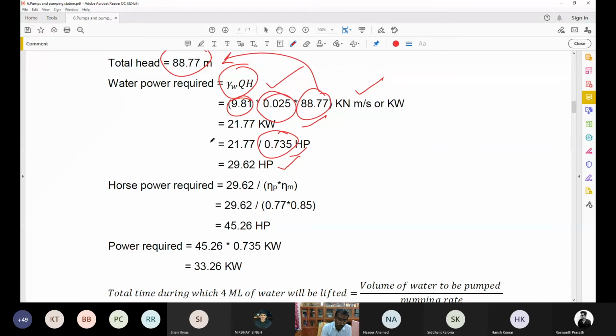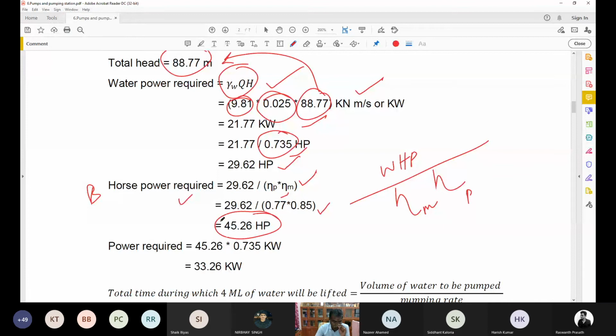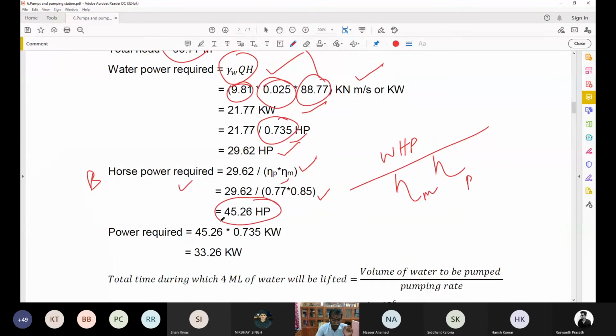Water horsepower can be converted into brake horsepower. Brake horsepower is equal to water horsepower divided by the efficiency of the motor and the efficiency of the pump. The pump efficiency is 77% and the motor efficiency is 85%, so you get 45.25 HP.